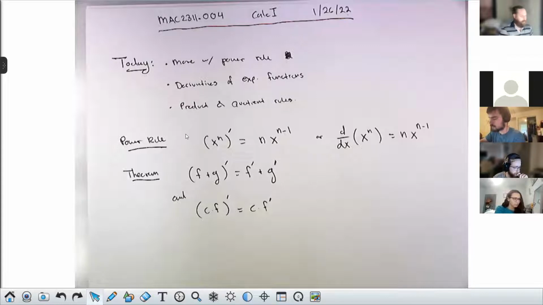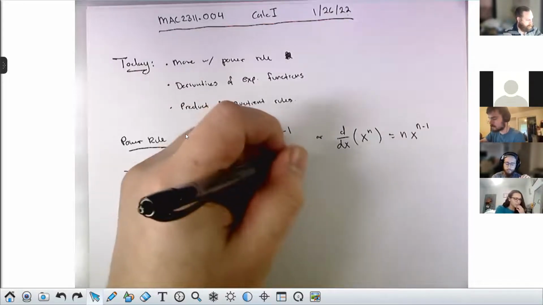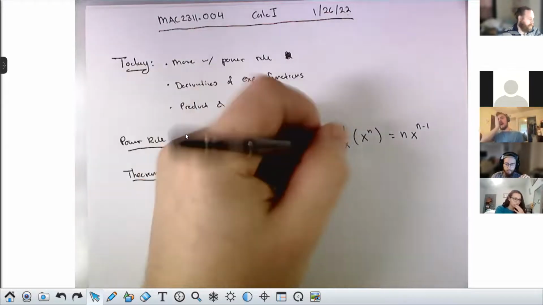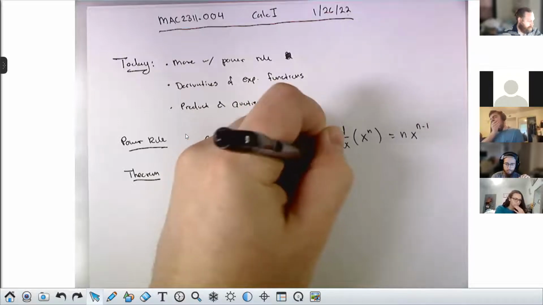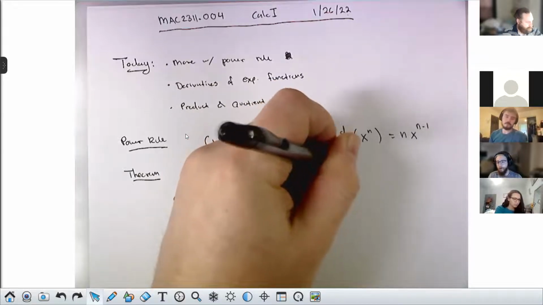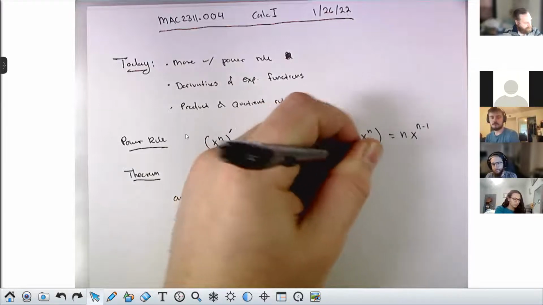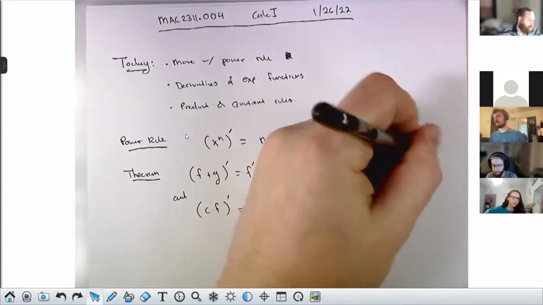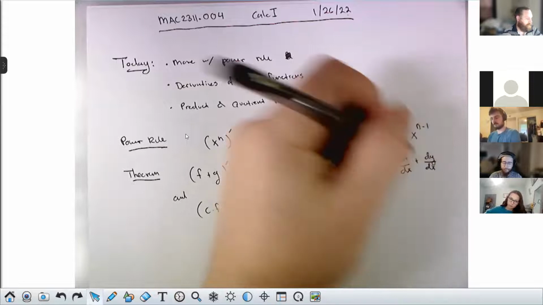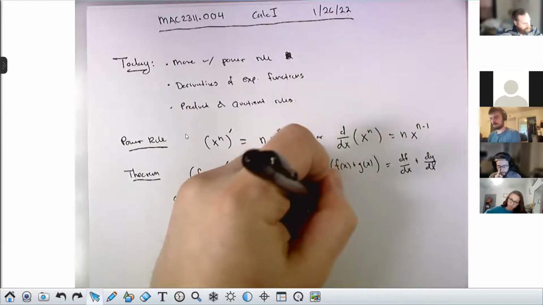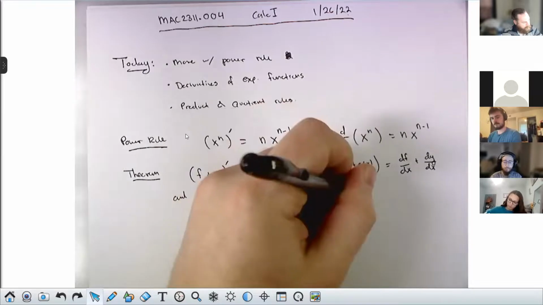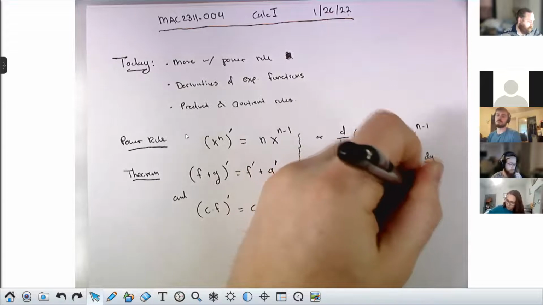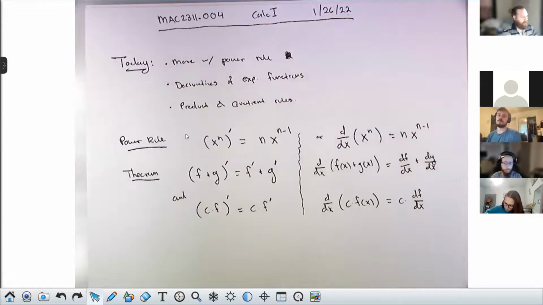And you could write both of those in the Leibniz notation as well. As d/dx of f of x plus g of x equals df/dx plus dg/dx, and d/dx of c times f of x is c times df/dx.